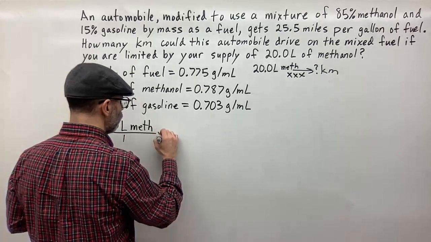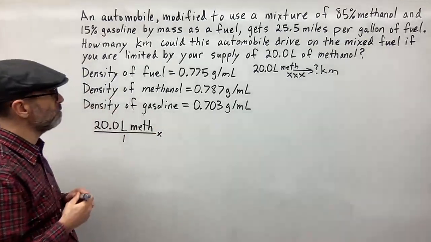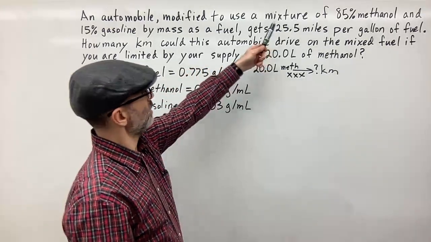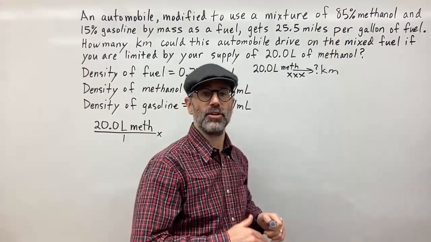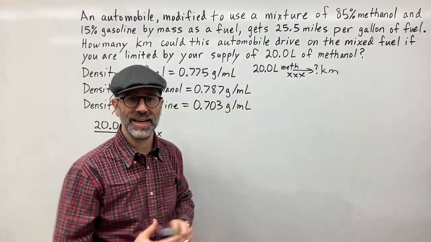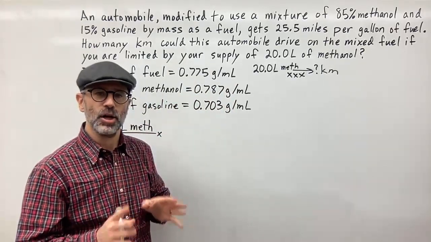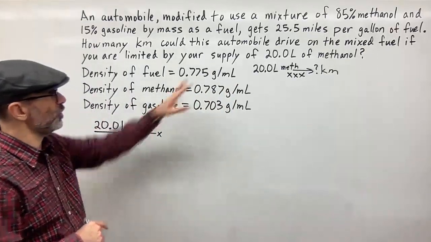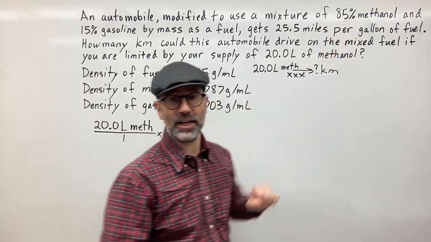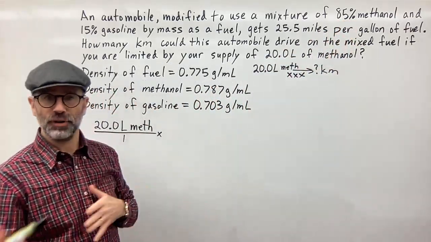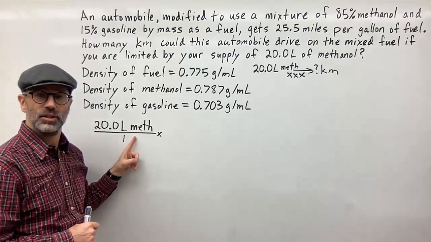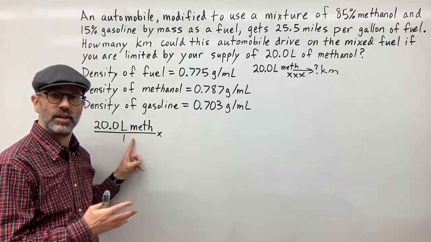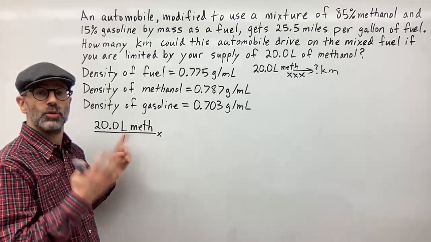Now I'm given a volume of methanol. I know that the mixture is 85% methanol and 15% gas by mass. In order to use that conversion factor, 85% or 15%, I need to get this into a unit that I can use, which is going to be mass.